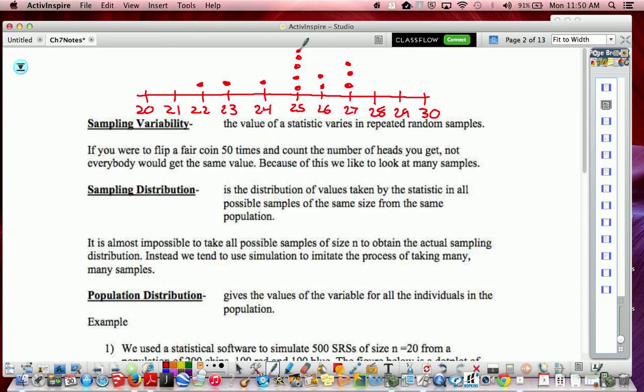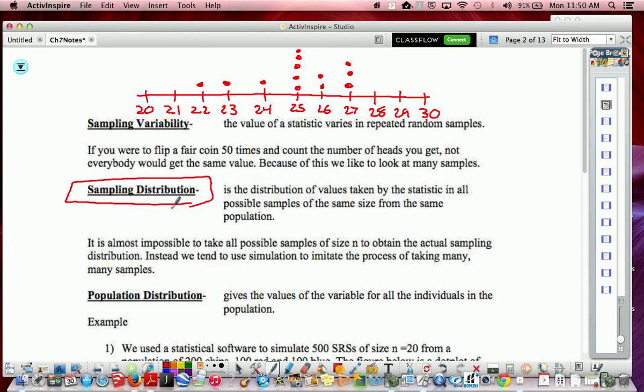Notice how we would expect to get 25, but in the 13 samples that we collected real quick, we got anywhere from a low of 22 all the way up to 27. If you were to continue this process for a long time, in fact forever, you would get what's called the sampling distribution.